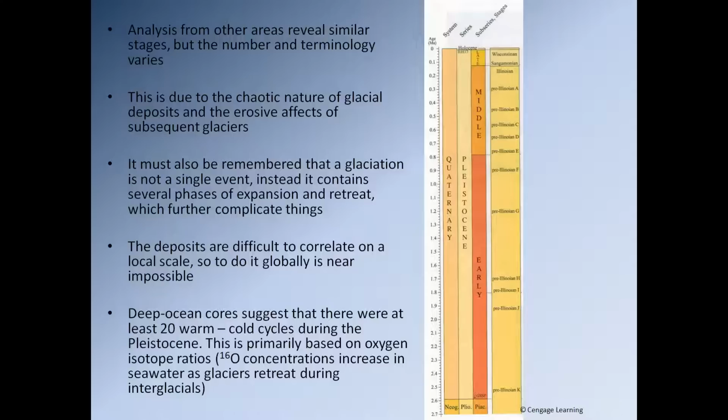So analysis from other areas revealed similar stages, but the number and terminology will vary. And this is due to the very chaotic nature of glacial deposits and the erosive effects of subsequent glaciers.